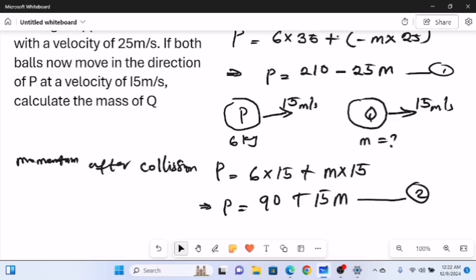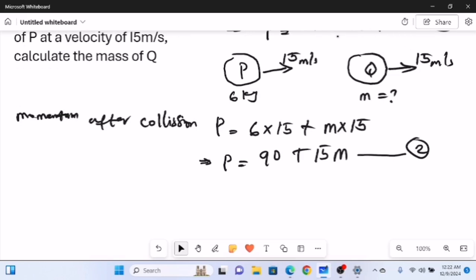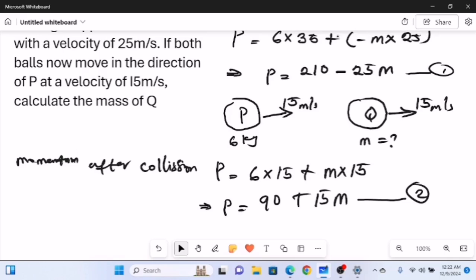From the principle of conservation of linear momentum, we said that momentum before collision is equal to momentum after collision, and before collision our momentum equation is equation 1, and after collision our momentum equation is equation 2. We simply equate the two of them together.